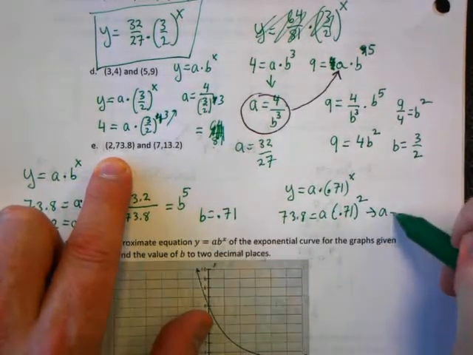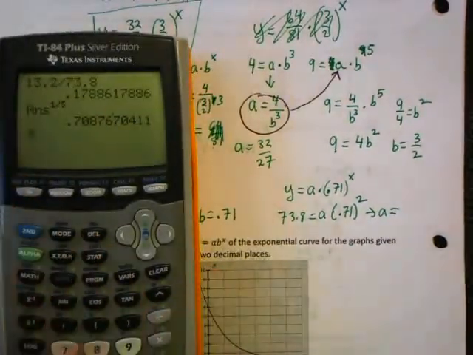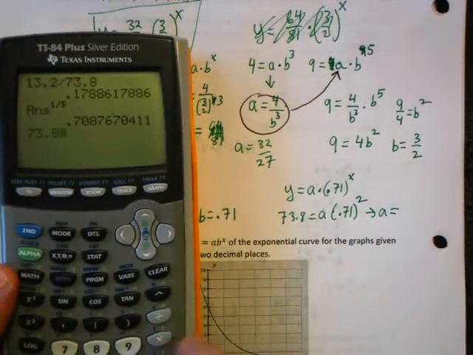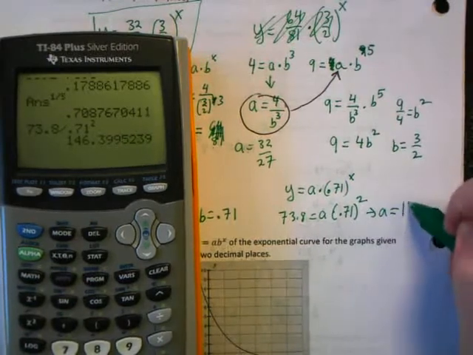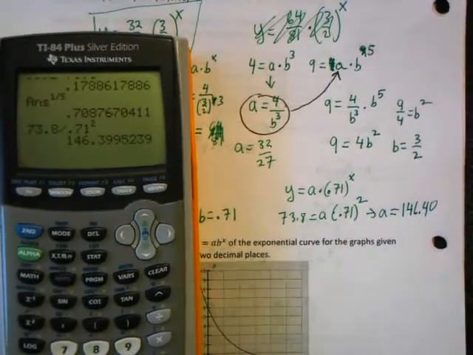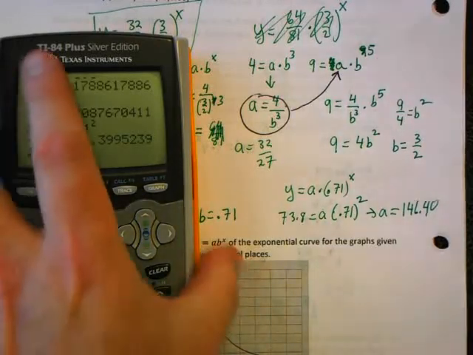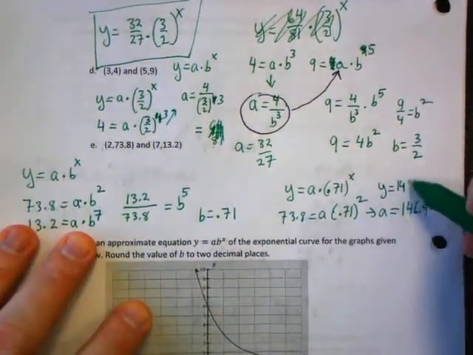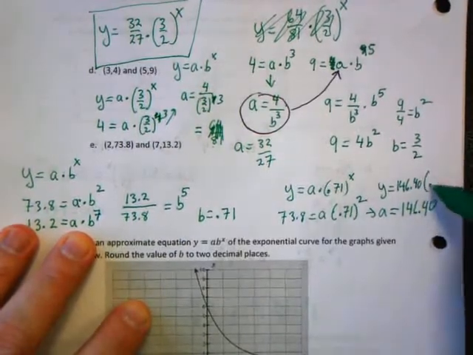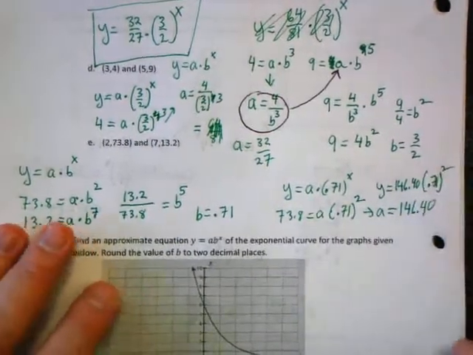Divide, a is 73.8 divided by 0.71 squared, which is 146.40, we'll call it, rounding off to 2 decimal places. Final equation, y equals 146.40 times 0.71 squared.